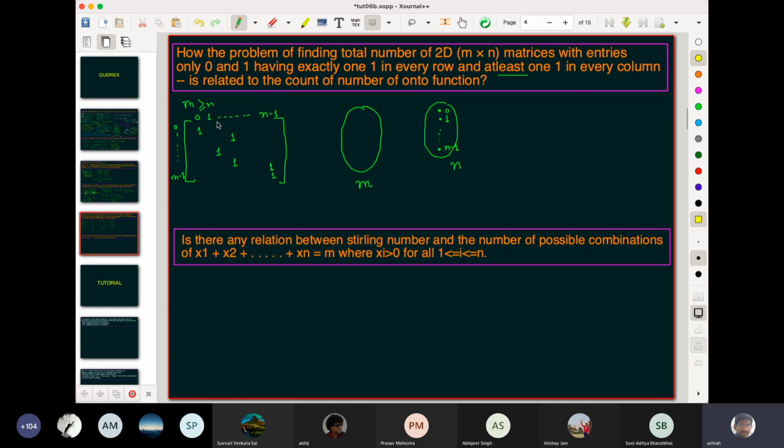See, this element is from this row, and this one of the same column is from this row. Suppose this is i and this is j. So I have i and I have j, and there is something k where I map into.